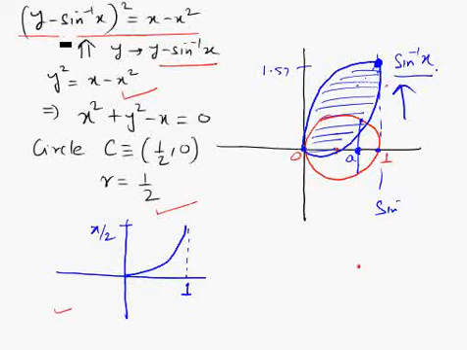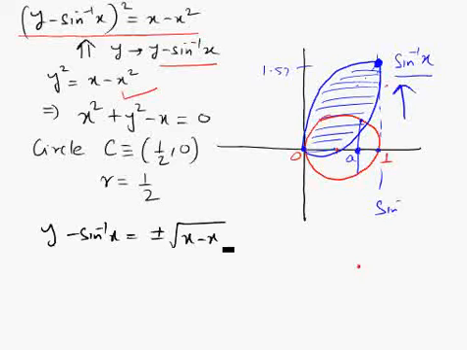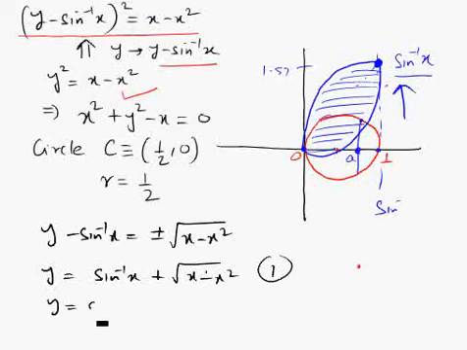Now you can see, if I take the square root of this, we have y minus sine inverse x equals plus minus square root of x minus x square. So there are 2 curves: y equal to sine inverse x plus root of x minus x square, say I call it curve 1, and y equal to sine inverse x minus root of x minus x square, the second curve.